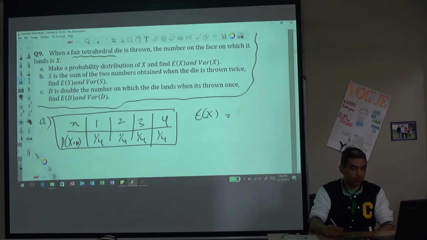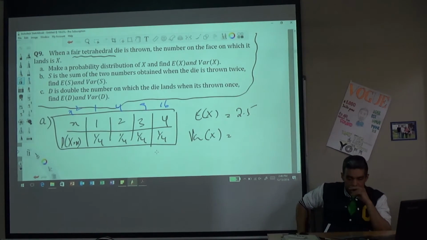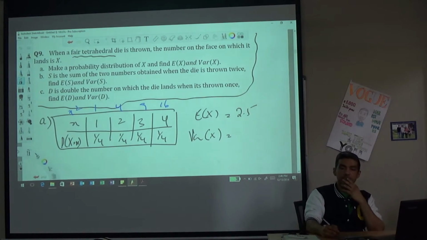Expected value is 2.5. Get the variance as well. For the variance we need x square. Guys, confirm 1.25 variance? 1.25.